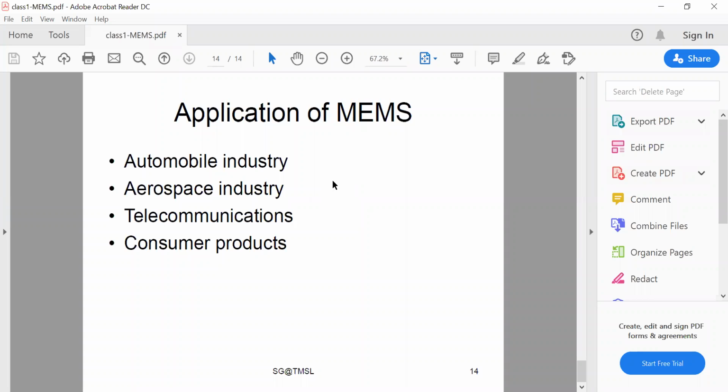Sensors for fuel efficiency and safety, or a micro gyroscope for navigation and stability control, or micro satellites, or inertial guidance systems, thermal control systems, propulsion systems, or radar for communication purposes, communication radar systems with very high bandwidth, low resistance radio frequency switches. MEMS can be used in these.